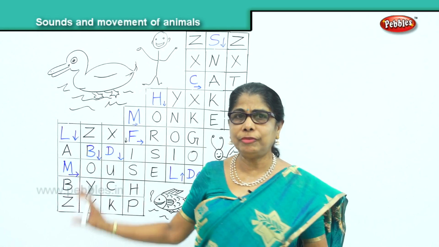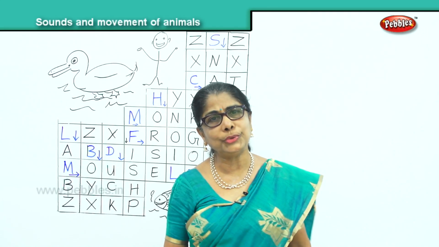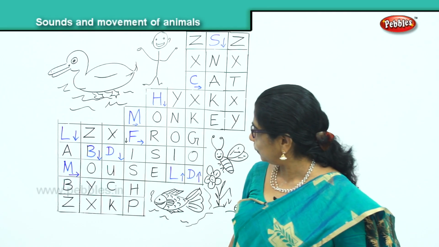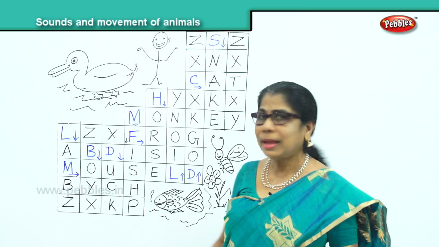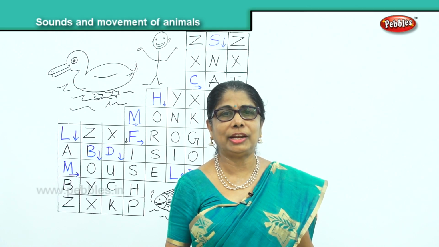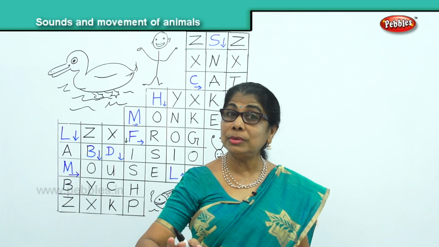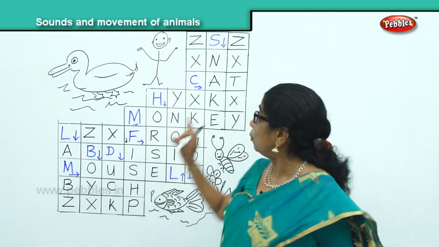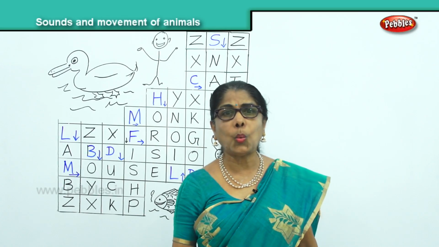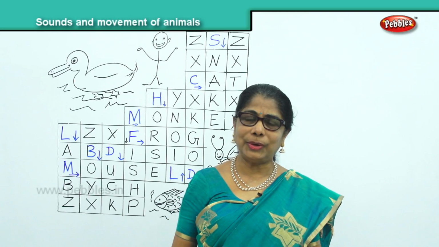If you look carefully here, you go through the letters, you'll find names of animals. Check it out. But I am going to give you the sounds that they make. So from the sound, you can also check out what animal, and that's the exercise we are going to do.